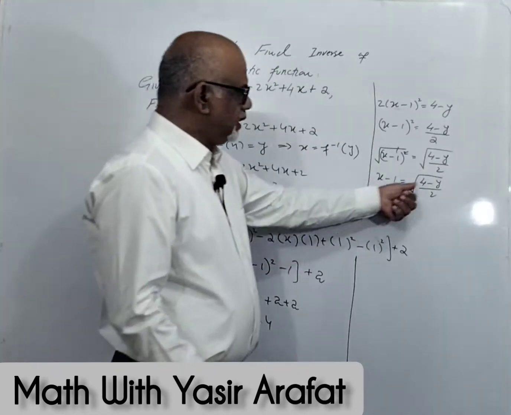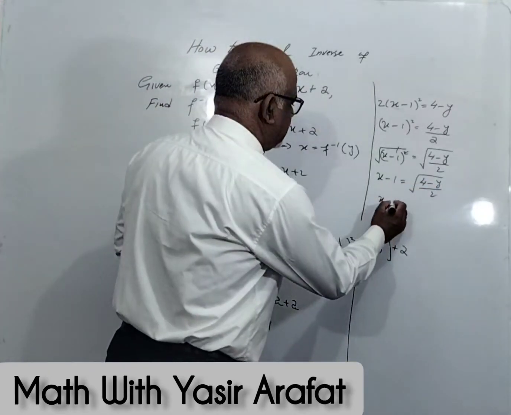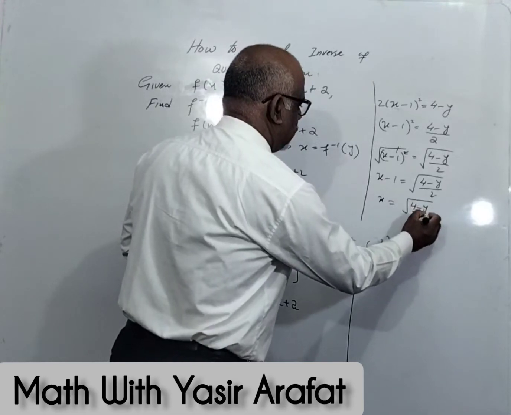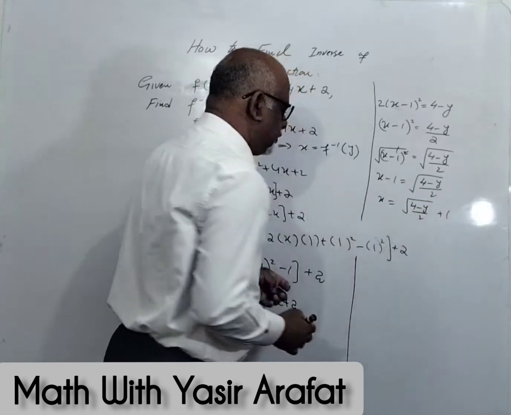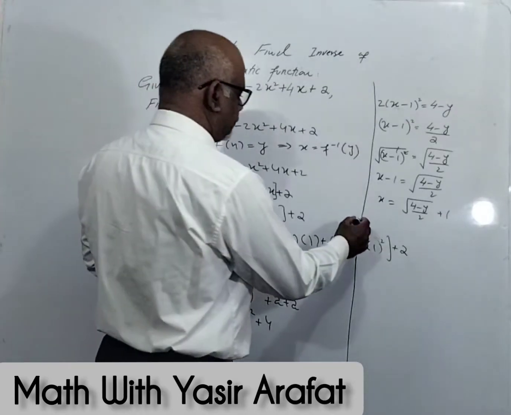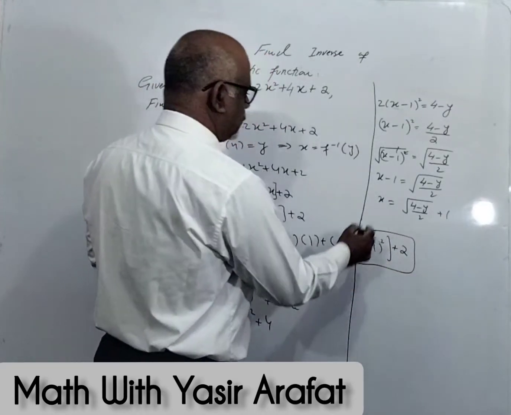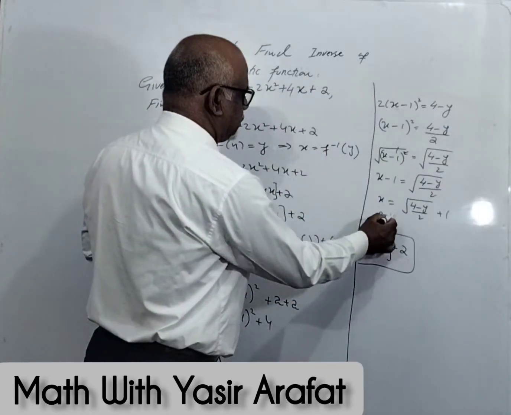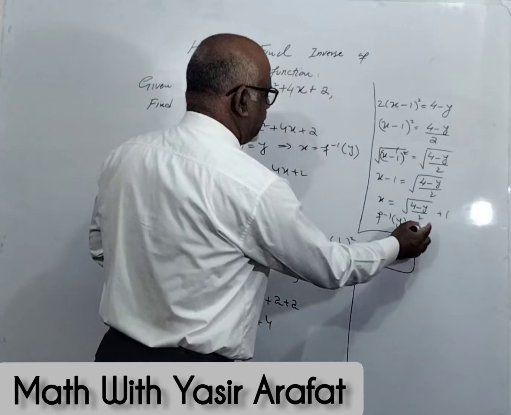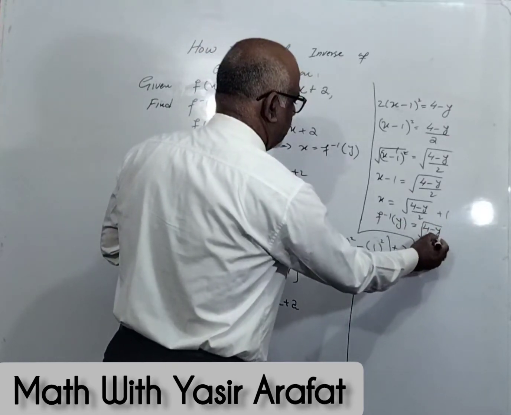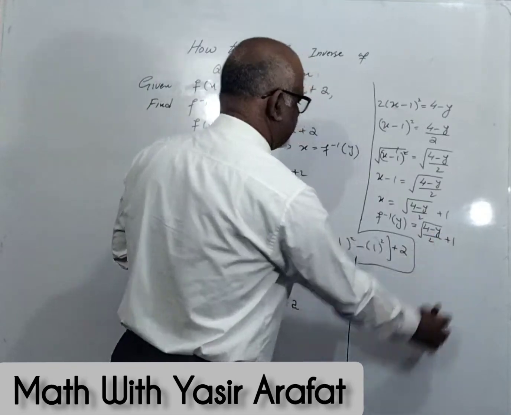So this minus 1 we shift to that side: square root of 4 minus y over 2, plus 1. So what is x here? x is equal to f inverse of y, which is equal to the square root of 4 minus y, whole divided by 2, plus 1.